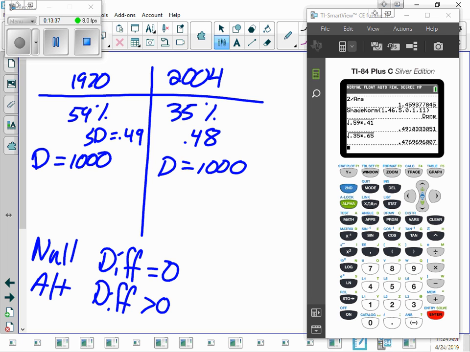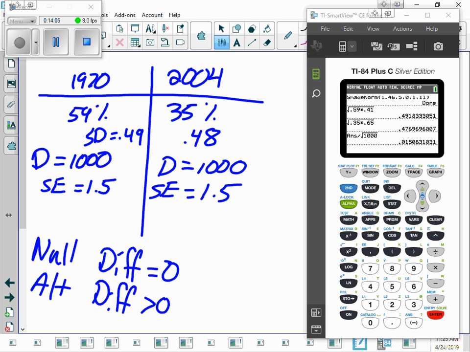Those are really close. I'm going to divide that by the square root of 1,000. And I get 1.5, and the other one's going to be 1.49. Or well, 1.5. So we're both going to have SEs of 1.5. SE is 1.5.